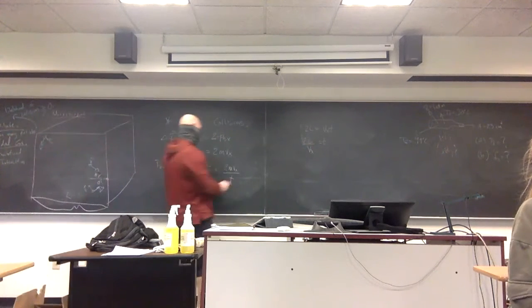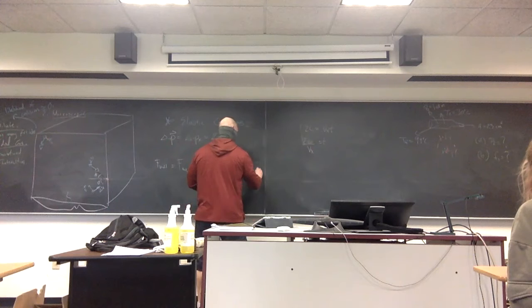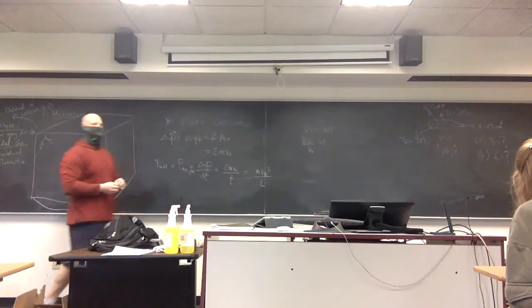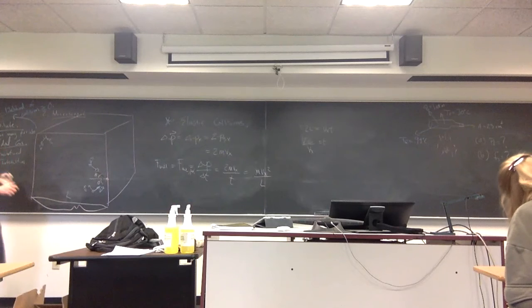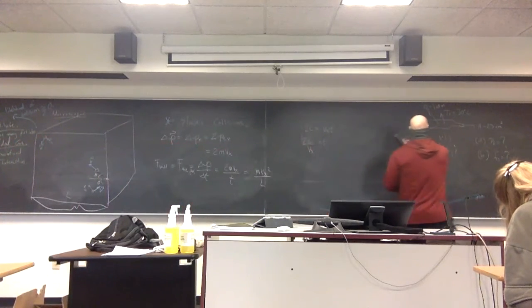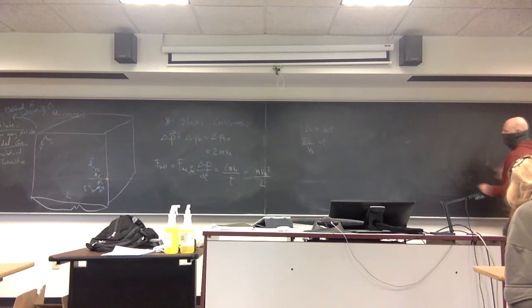So let's put that in here. So this thing finally becomes, the 2's are going to cancel, so it's going to be m times vx squared divided by the length of the room. But this is only the force by one particle.